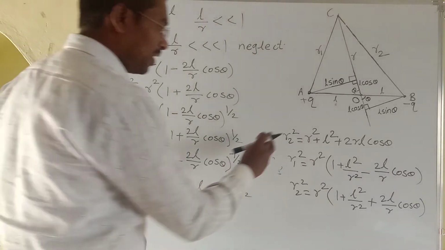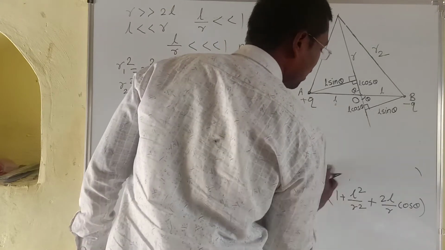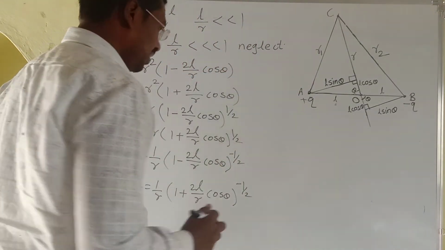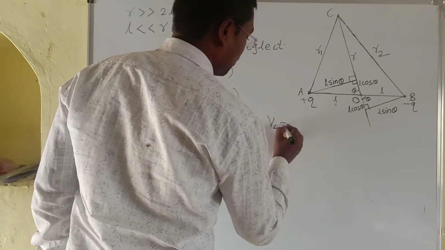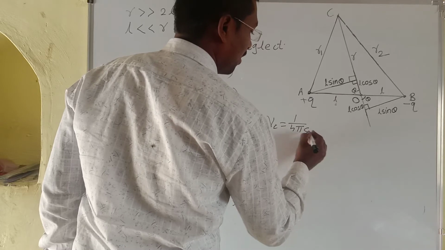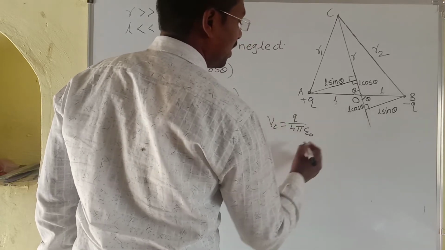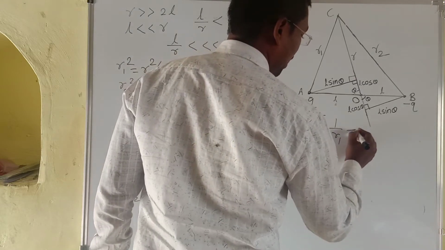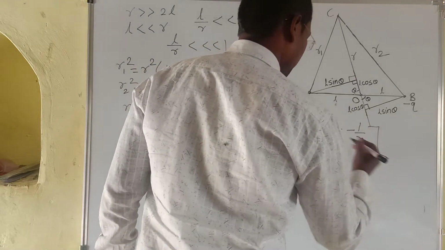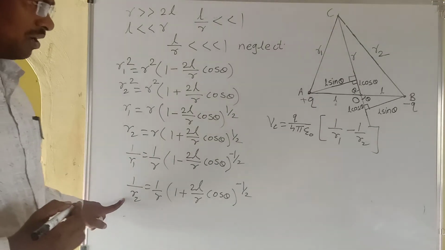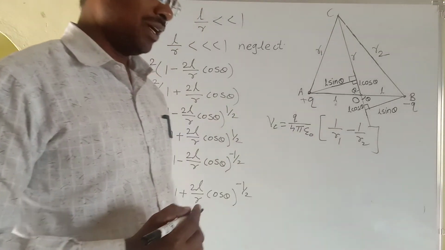We have the equation for the total potential at point C: Vc is equal to Q upon 4 pi epsilon naught into bracket 1 upon R1 minus 1 upon R2. Therefore, put these values of 1 upon R1 and 1 upon R2 in that equation.